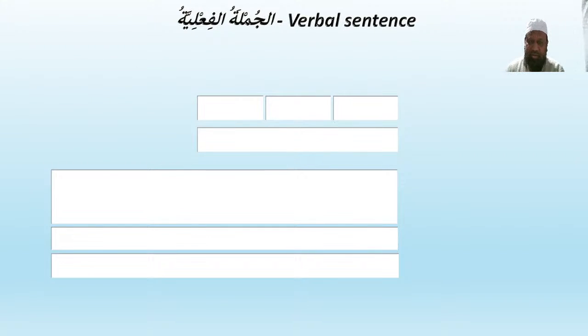Okay, so let's see one or two examples. لا يضرب زيد ولدا. Because this lam is غير عاملة, it will not change the إعراب of المضارع. It will remain in مرفوع case. Let's see the sentence telling us which meaning to take, the present continuous or the present habitual.